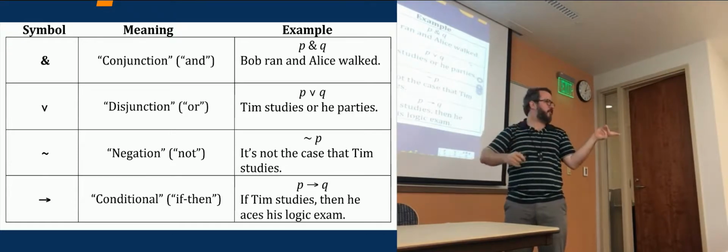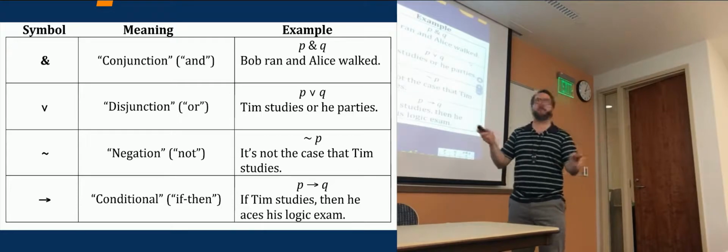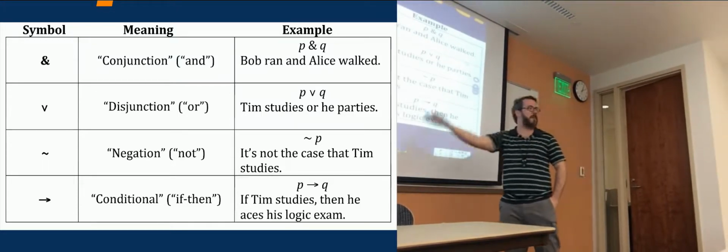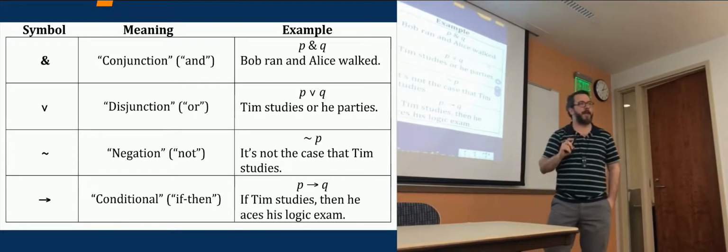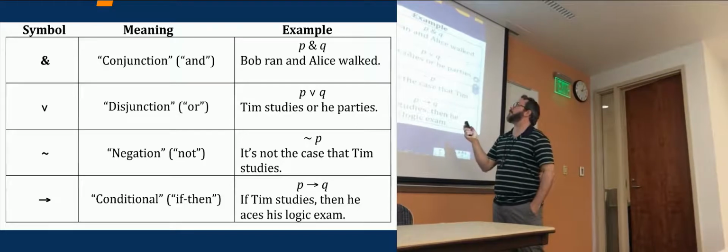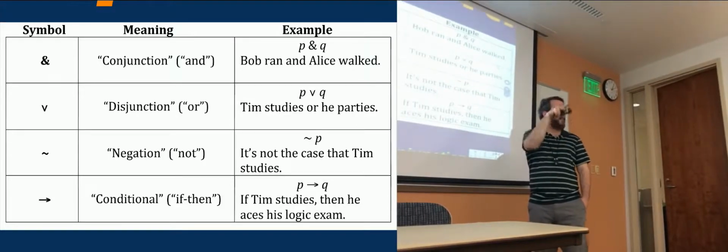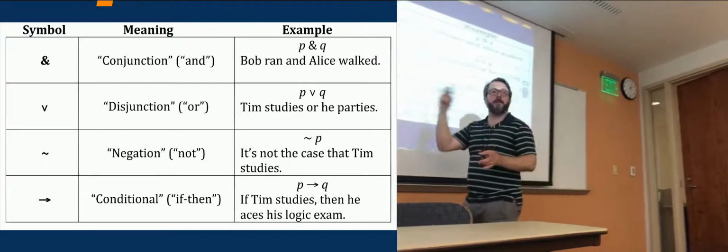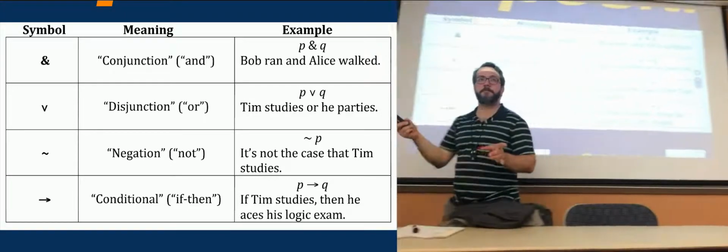The way that we talked about this is, every conjunction has two conjuncts. And the syntax of how to use these operators is one conjunct is on one side of the ampersand, the other conjunct is on the other side of the ampersand. Same thing going on with my or operator, or the wedge symbol. A disjunction always has two disjuncts. One of them is going to be on one side of the wedge. One of them is going to be on the other side of the wedge.